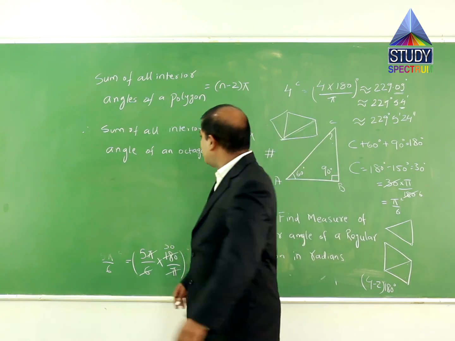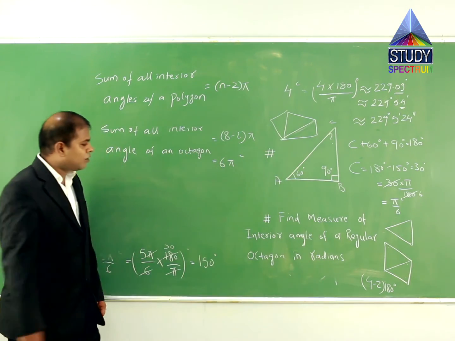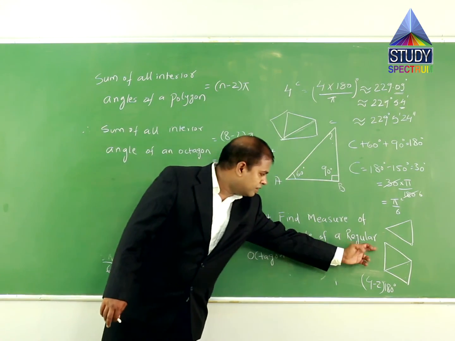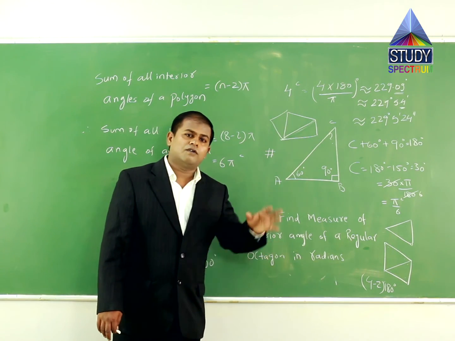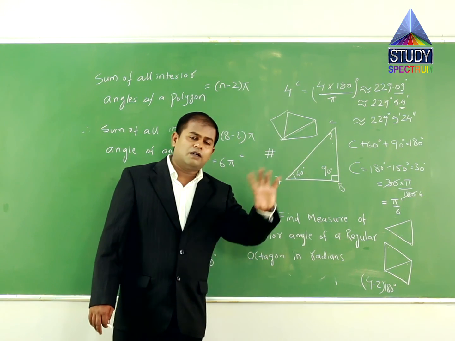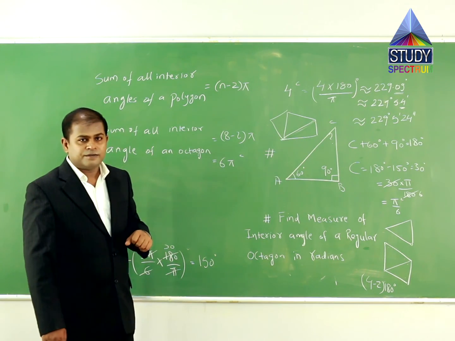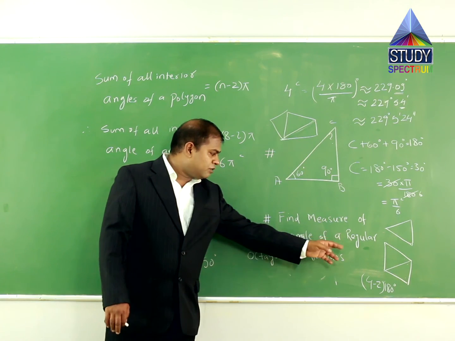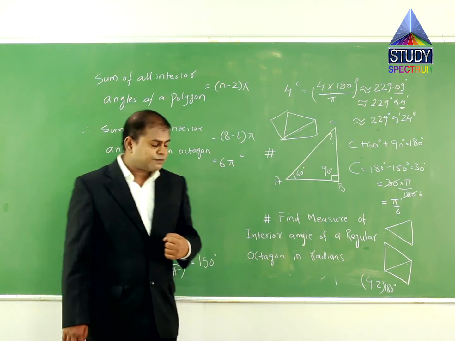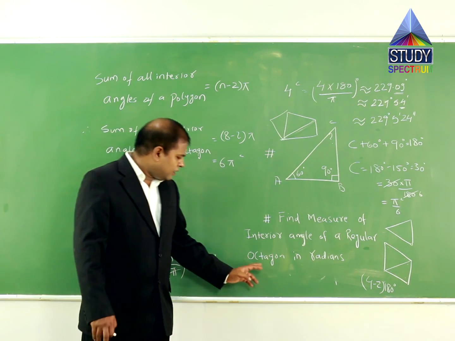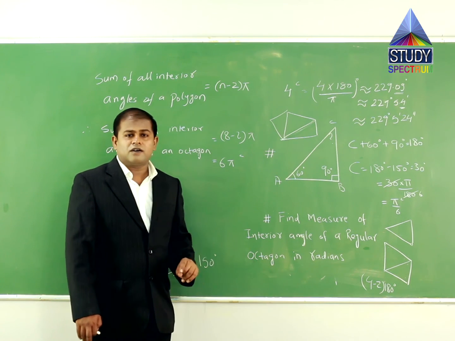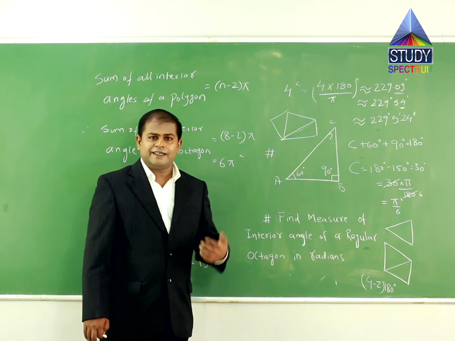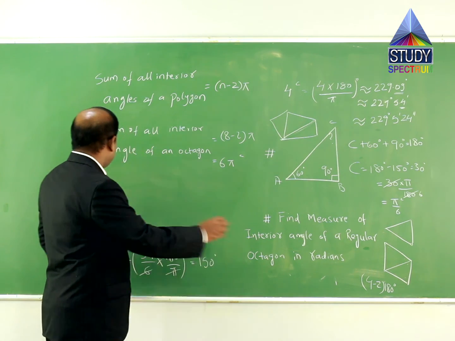Now, the octagon used here is a regular octagon. And what does this word regular mean? Regular means all the sides are equal and all the interior angles are equal and all the exterior angles are equal. Right? So, a regular octagon means all the angles are equal. And now, how many interior angles are formed within an octagon? 8. 8 sides and 8 angles.